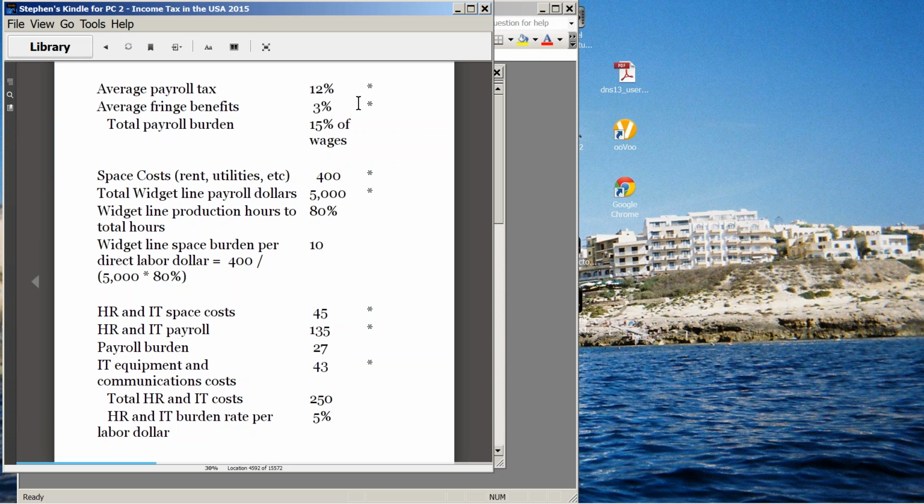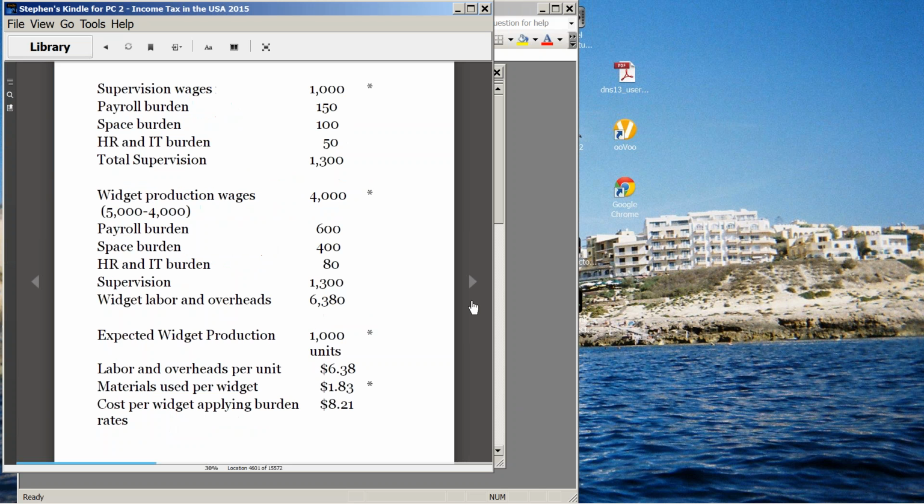Now, if you'll notice here, we've got a payroll burden as a percent of wages for payroll tax and fringe benefits, a space burden as a dollar amount per dollar of wages, and an HR burden as a percentage of wage dollars. We have to go through the same process with supervision and any other overheads that we might have.